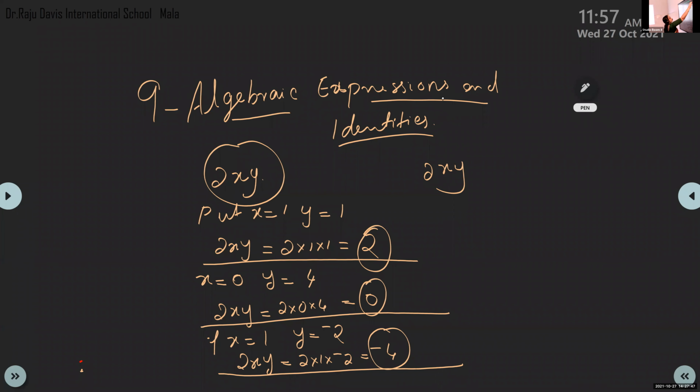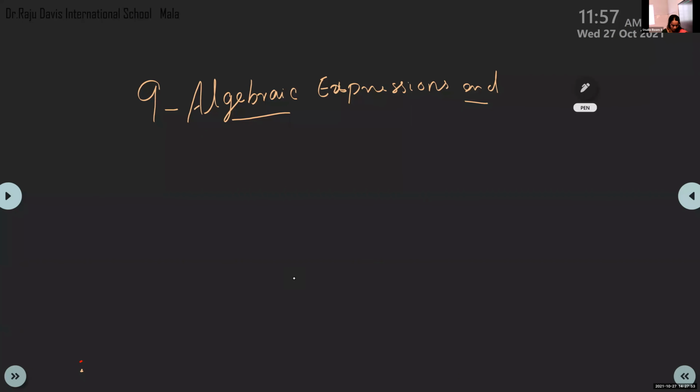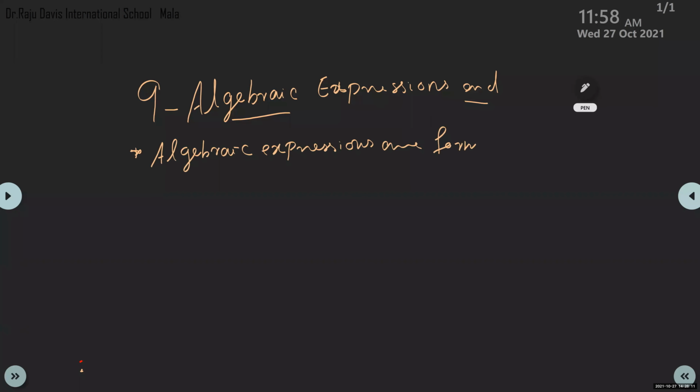So as the value of the variable changes, the value of the algebraic expression also changes. Okay. So write these two sentences. After that, we will continue. So write: algebraic expressions are formed from constants and variables.